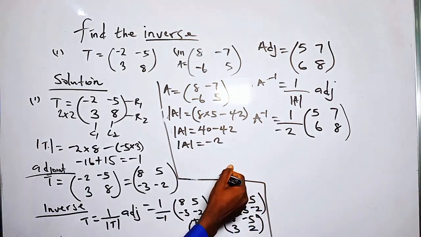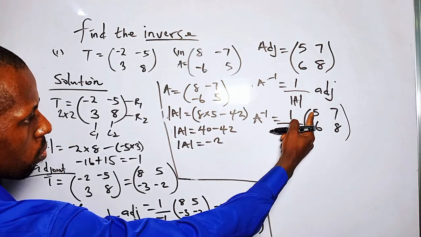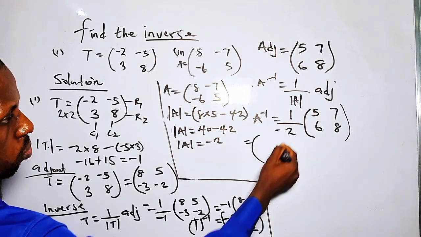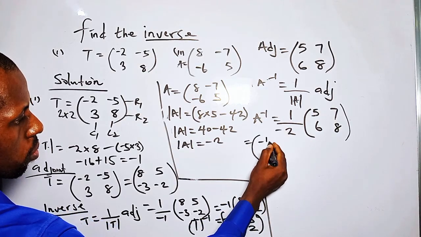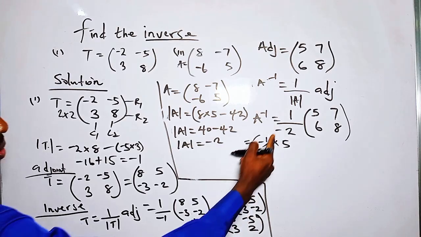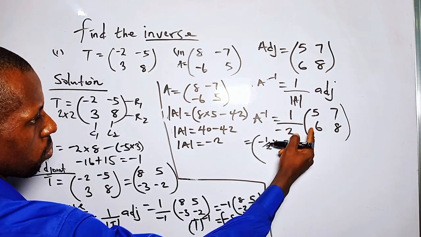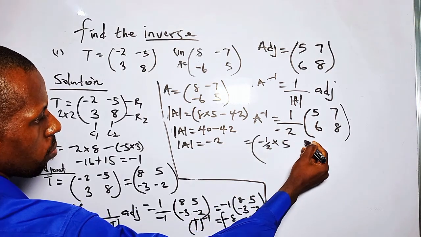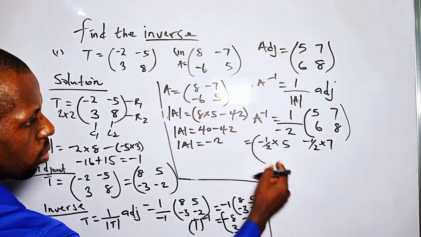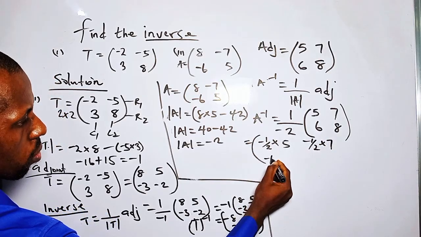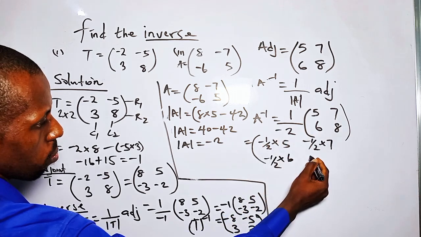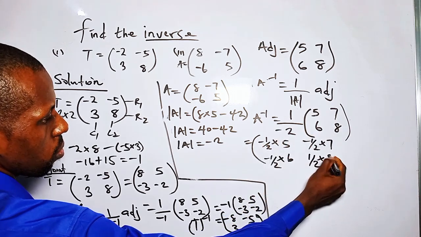So we open up by multiplying each number in the bracket. The first one is minus 1 over 2 times 5, then minus 1 over 2 times 7, then minus 1 over 2 times 6, and minus 1 over 2 times 8.